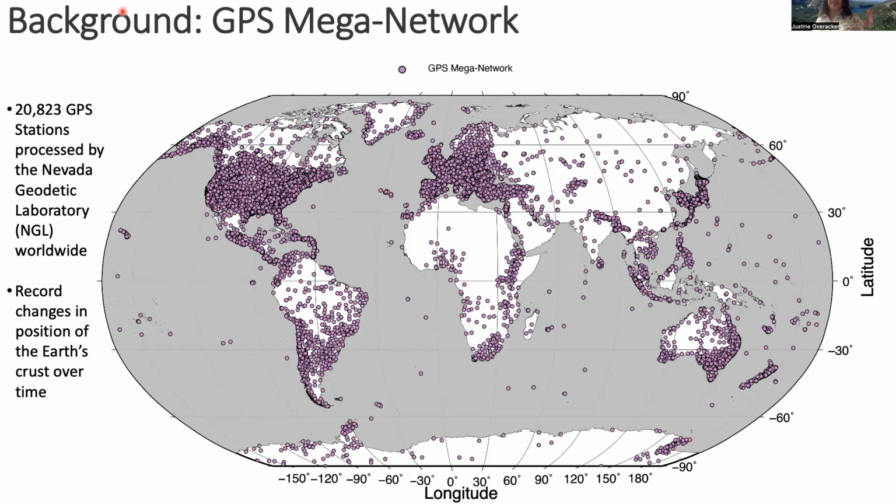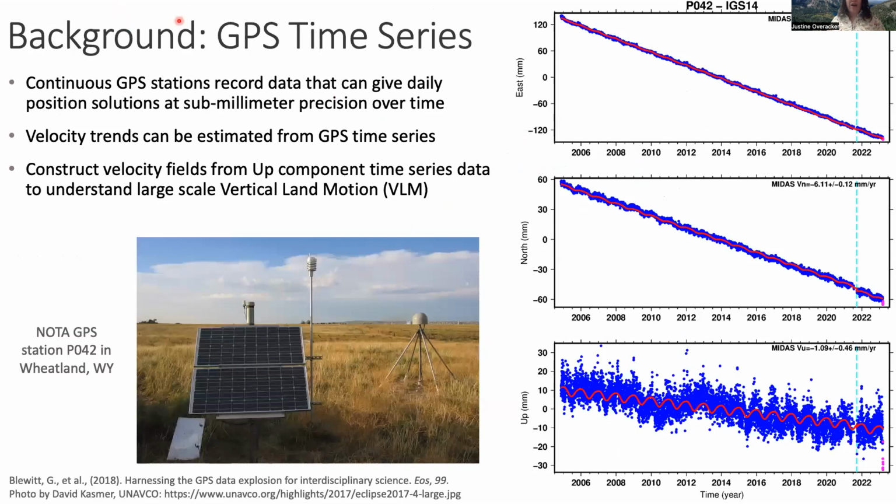So each one of these dots, each one of these GPS stations records position data called a time series. So on the right here is an example of a GPS time series from station P042 in Wyoming. So position data recorded by continuous GPS stations can be processed into 24-hour position solutions.